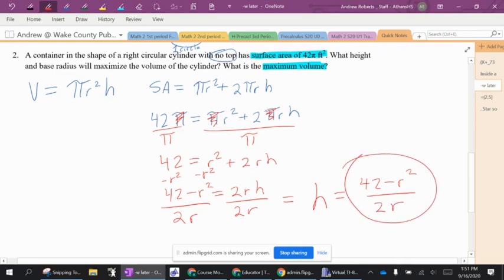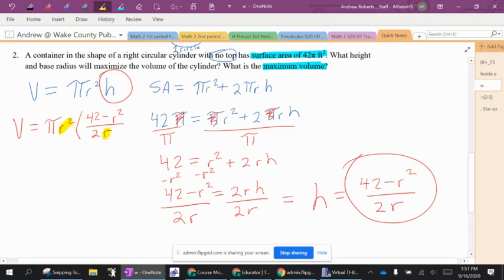This is what's getting substituted into here. So now I'm going to have volume, which I'm trying to maximize, equals pi r squared times 42 minus r squared divided by 2r.